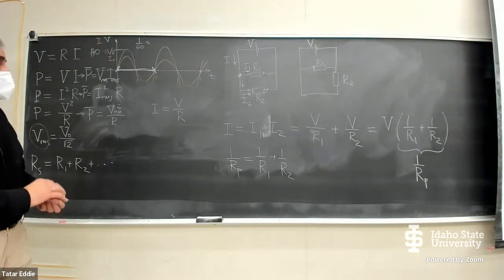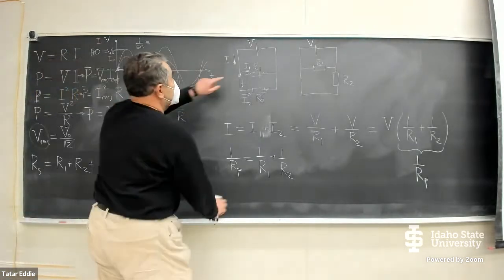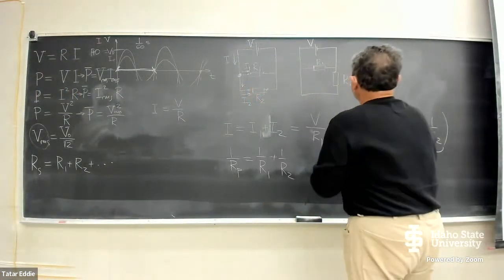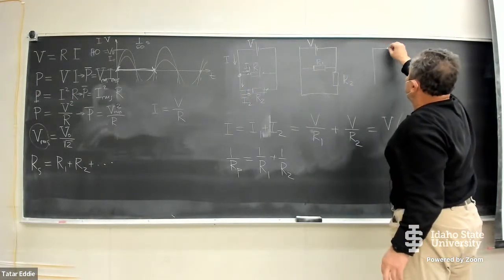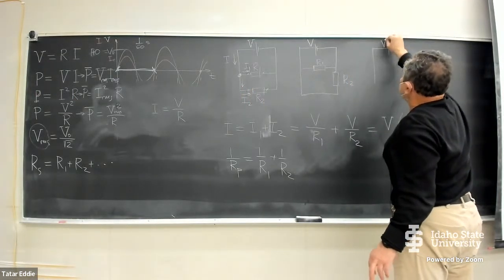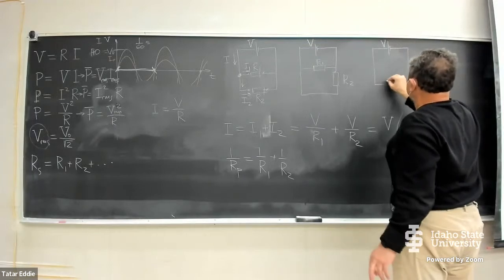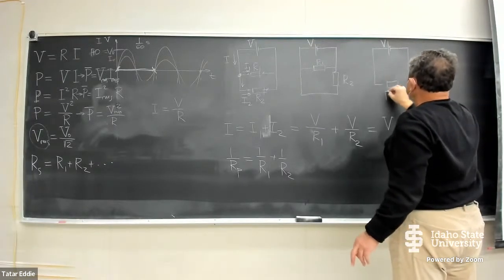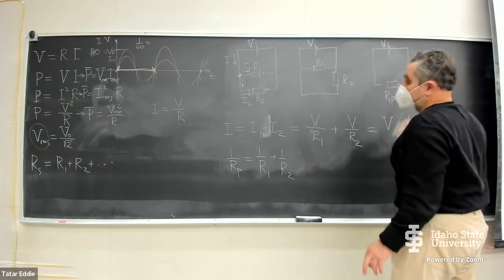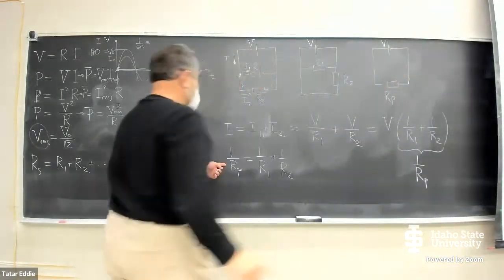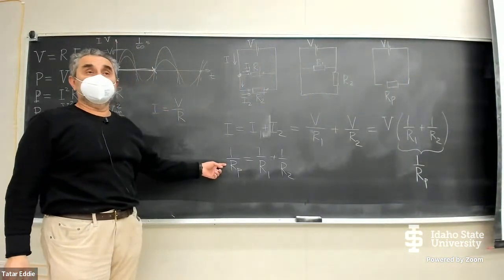This means that the circuit that we're analyzing is equivalent to a circuit that contains a single resistor with resistance RP. And RP has to be calculated using this expression.